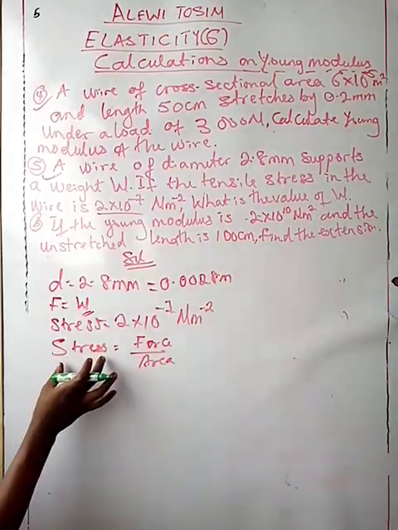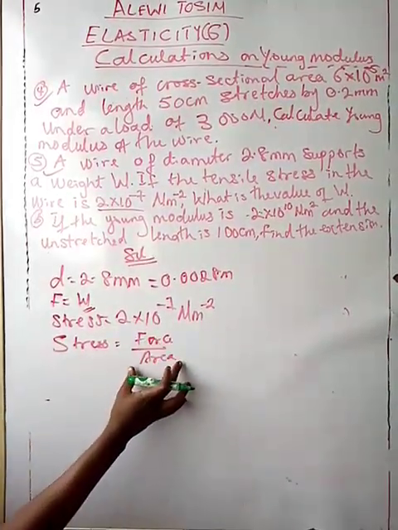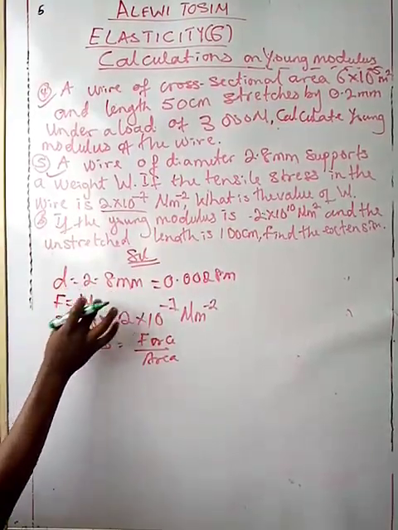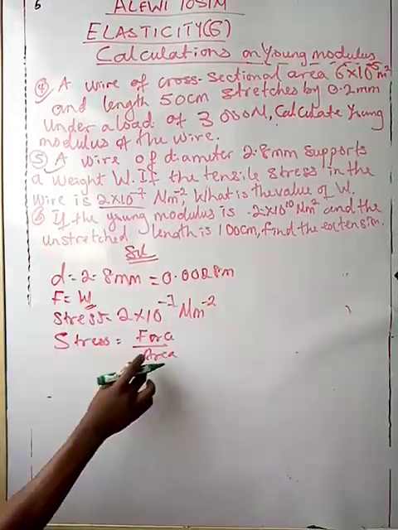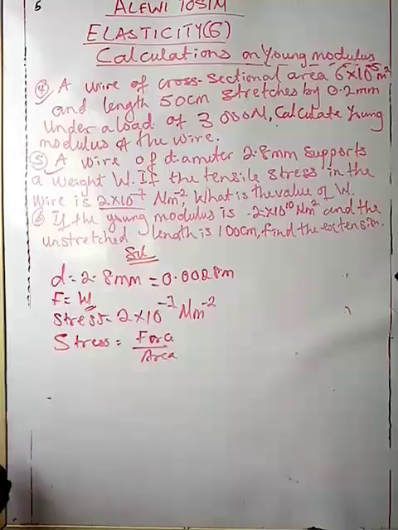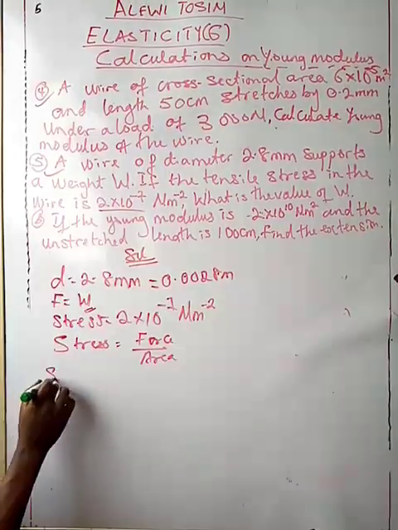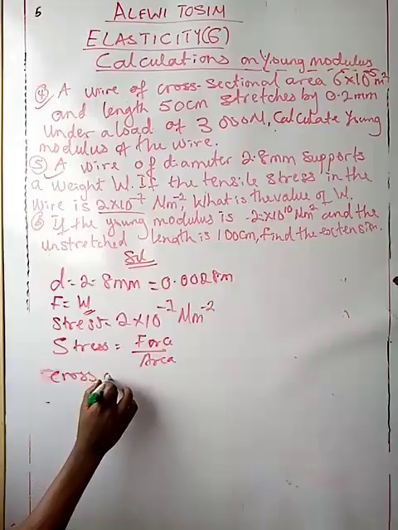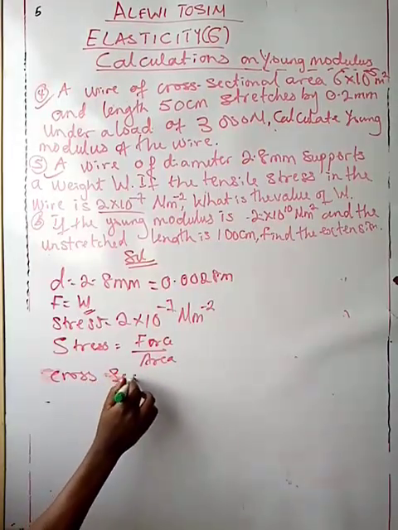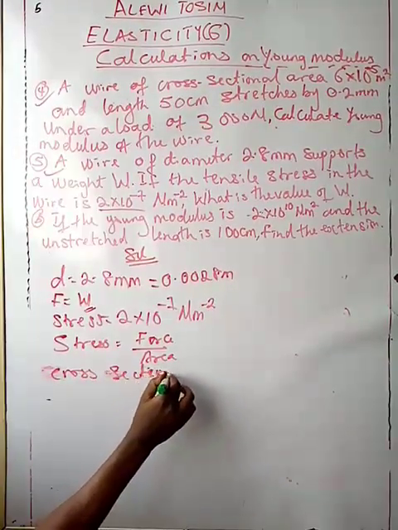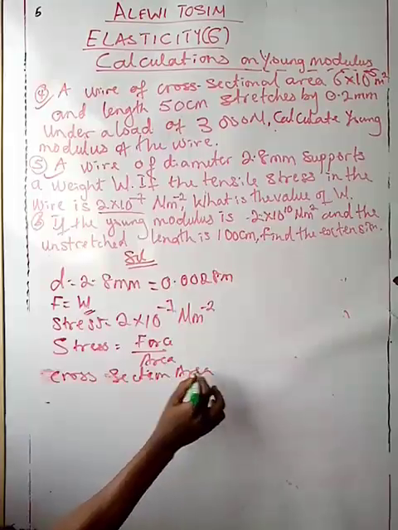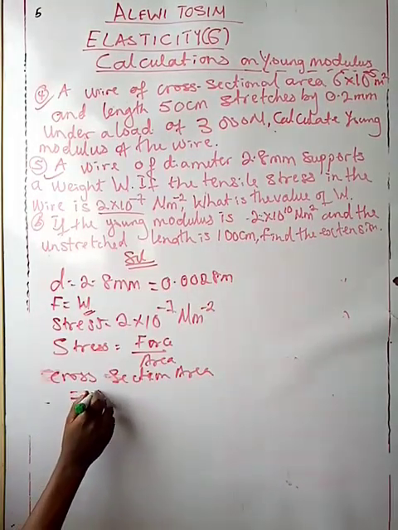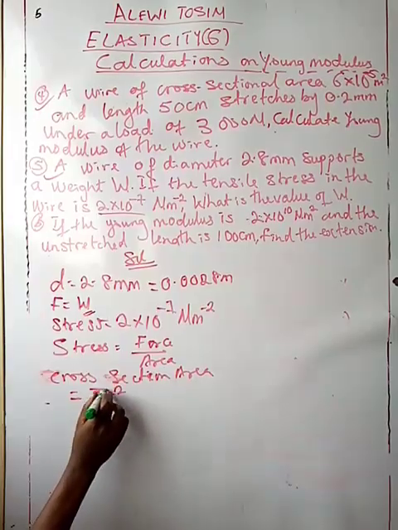Now, we were given the tensile stress. Instead of being given the area, we were given the diameter. Now, our area here is the cross-sectional area of a wire, which is given as the area of a circle, pi r square.